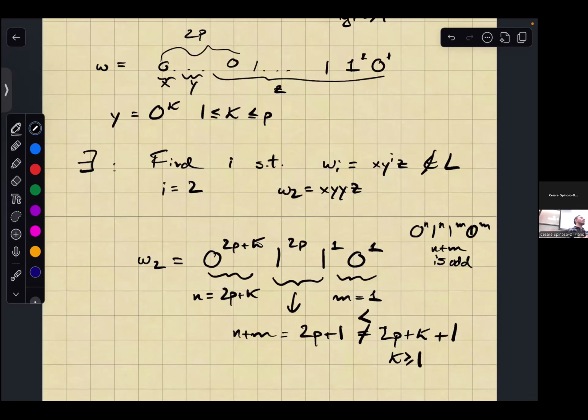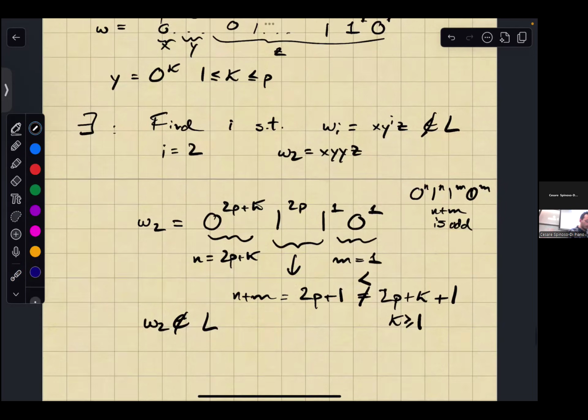So I just have a string that doesn't work within the constraints of this language L. So W2 is not in L, which implies that L is not regular.